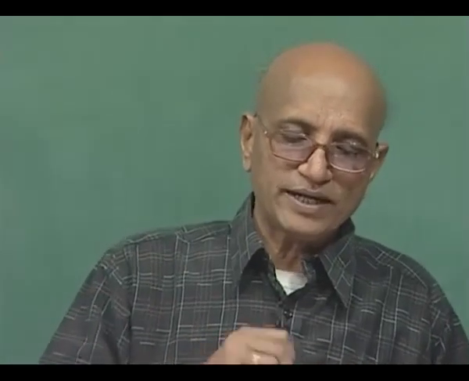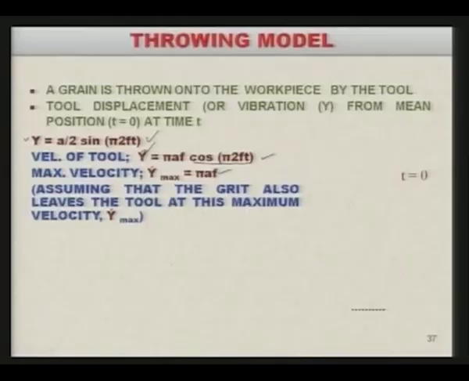So, frictional losses will be there. So, the actual velocity of the abrasive particles with which they are hitting the workpiece will be different than this maximum velocity. However, for simplicity of analysis we are assuming that the maximum velocity of the abrasive particle hitting the workpiece surface is pi a f itself.